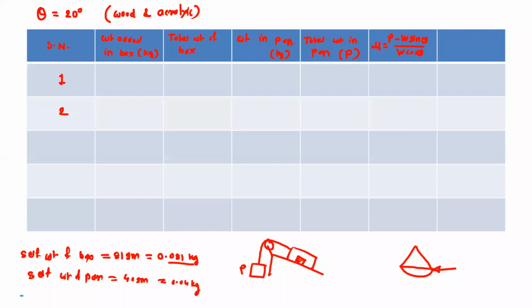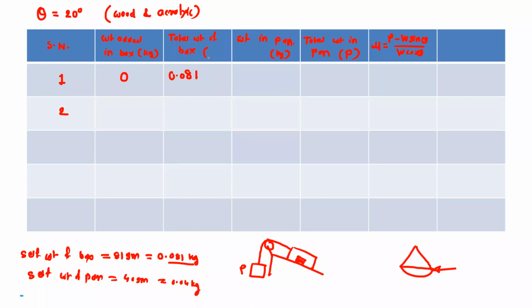In the observation table, weight added in the box: in this box we have added weight, initially it is 0. The total weight was 81 gram, as it is 0 kg added, so it is not 81 kg.